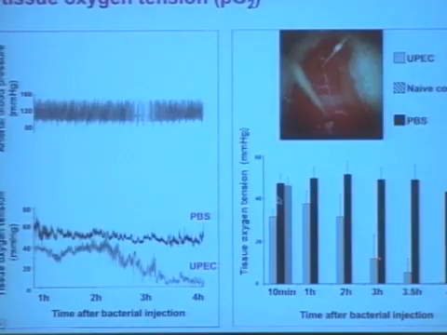Now, this is a very local response because we also measured the arterial blood pressure, and that showed no changes over time. So this experiment we performed in 7 animals, and you see that in the graph to the right. Now you see the striped bars, that's naive cortex, and the black ones, that's the PBS injected. And again, the gray ones that represent the UPEC show that this dramatically decreased down to 0.